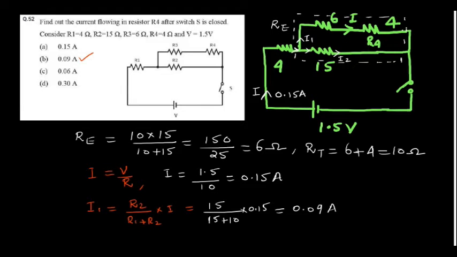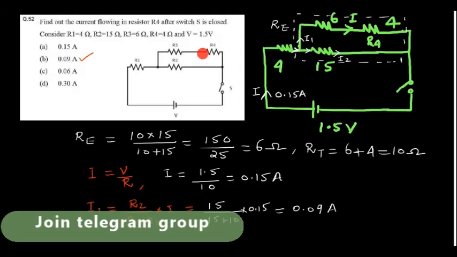Question number 51. Find out the current flowing in the R4 after the switch is closed. Consider R1, all these values are given here. So through this resistor, what is the current flowing? We have to find out. I have redrawn this circuit here. Then what I do?